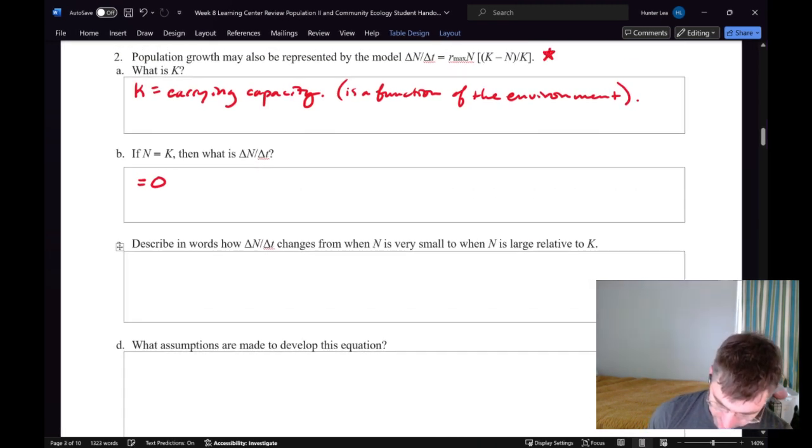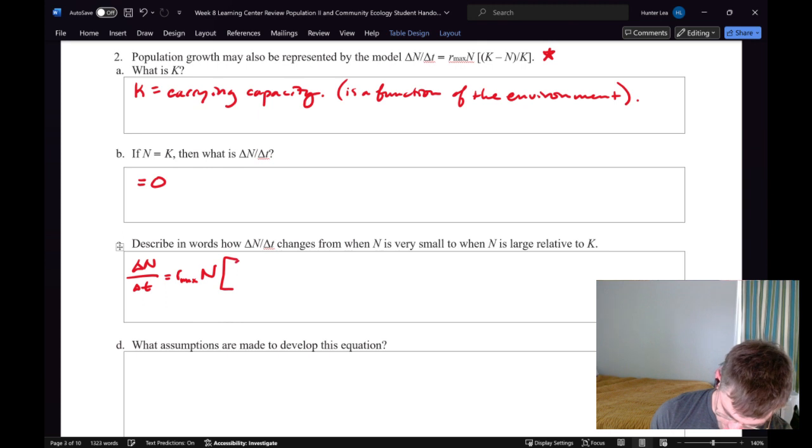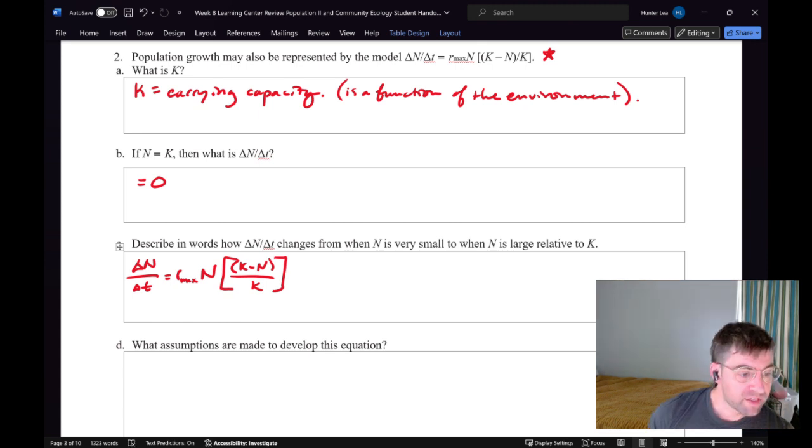So looking again at this equation, I'm just going to rewrite it. We've got delta N over delta t equals R max times N times the quantity K minus N, all over K. So if N is really small, population is growing exponentially.